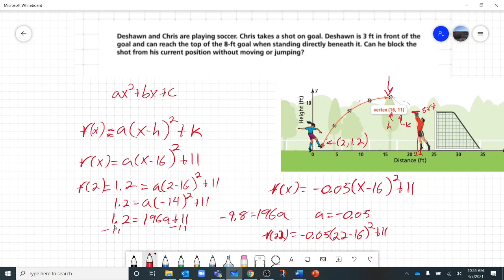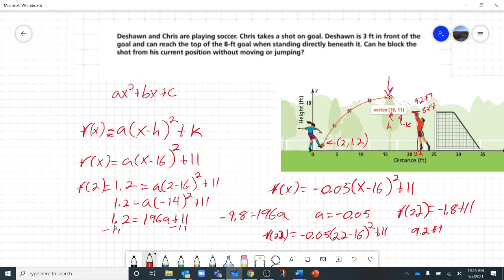And so we get f of 22 is equal to negative 1.8 plus 11, and that is 9.2 feet. So it's going to be at 9.2 feet right here, and it's going to sail right over his head.